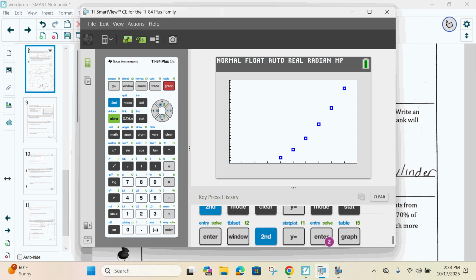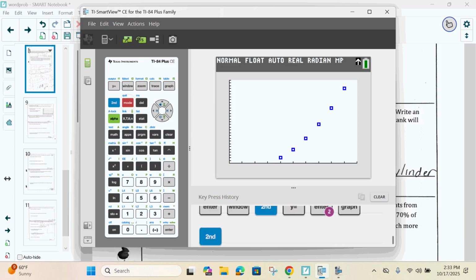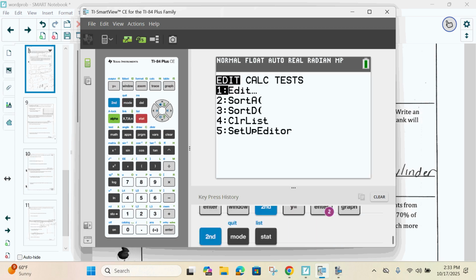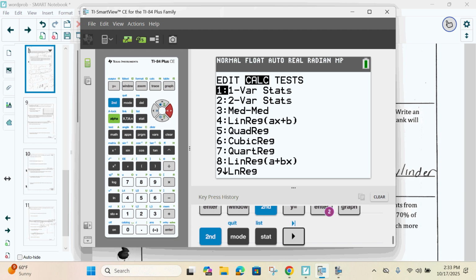All right, so now we're going to do that linear regression. It's going to be a little different than yesterday because we put another point in. So you're going to go stat, calc. You're going to choose your regression. We want number 4, a linear regression.